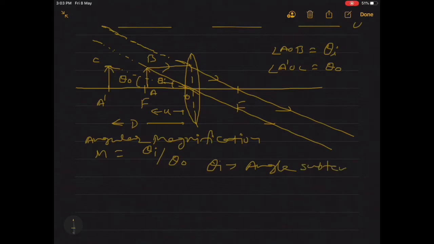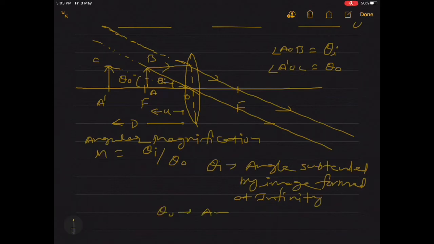Angle subtended by image formed at infinity. And what is theta O?